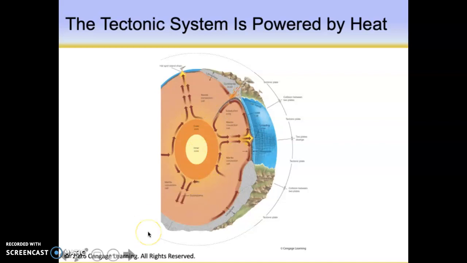We kind of put it into three general groups. One group is just the overall convection, and then two specific parts are we're pushing things away from the ridge, which is a little higher, and then we're tugging things down where this plate sinks back into the mantle.